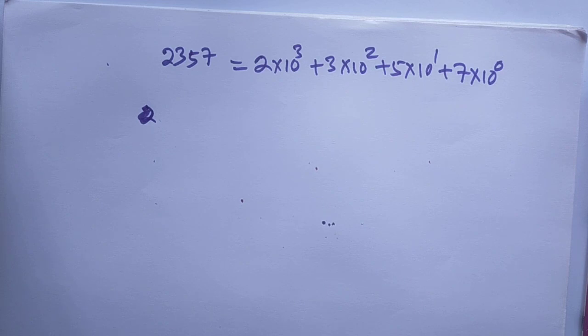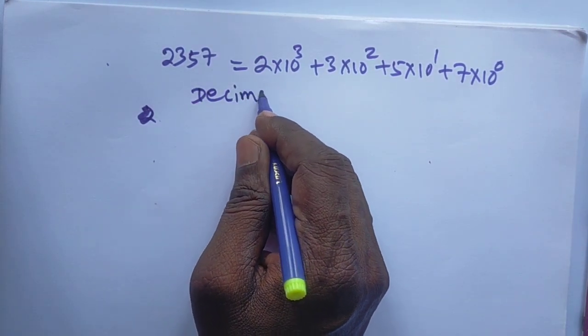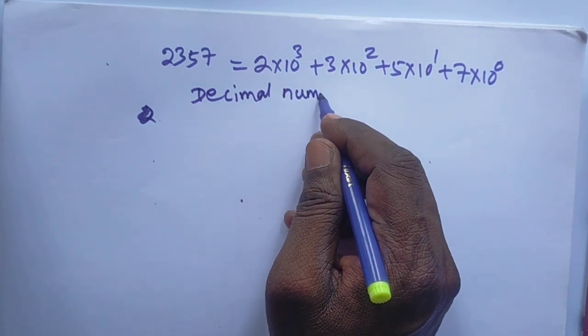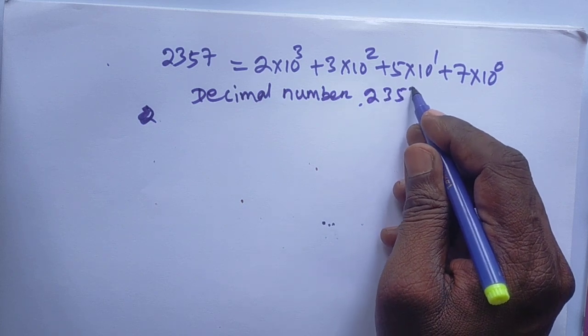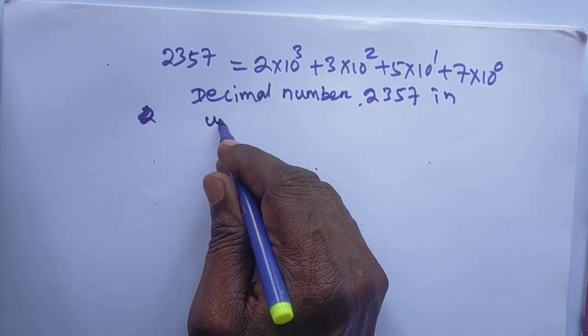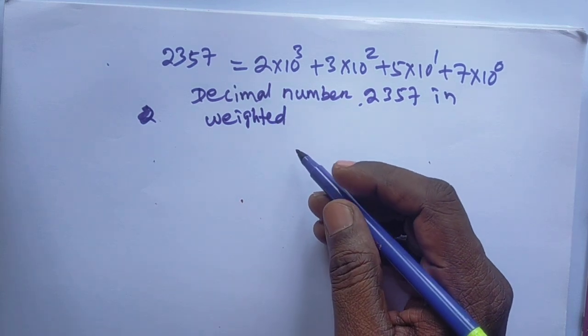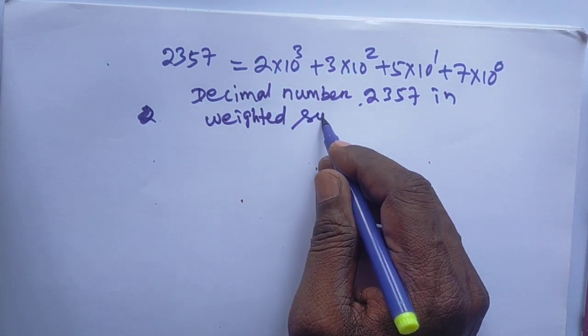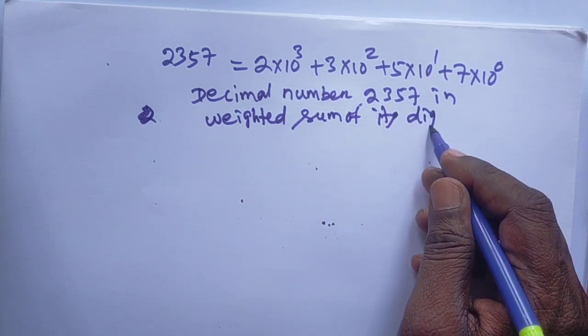We can tell this is a decimal number, 2357, expressed as a weighted sum of its digits.